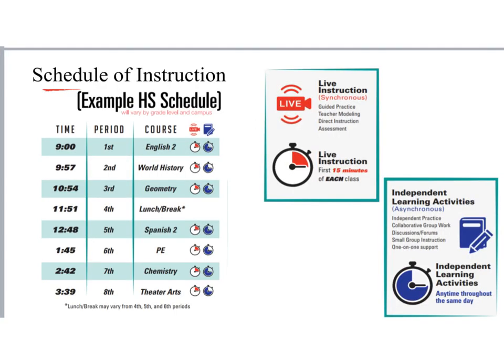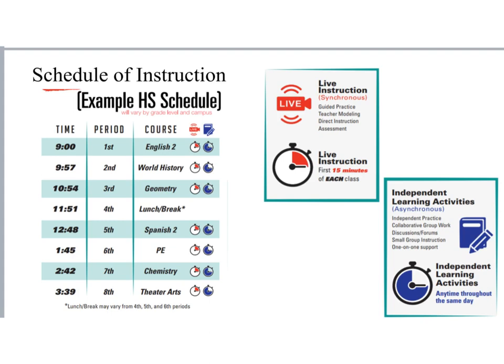So first of all, parents and students, you elected the type of instruction that you want. We have synchronous and asynchronous instruction. If you chose synchronous, you're going to have live instruction for the first 15 minutes of each class.